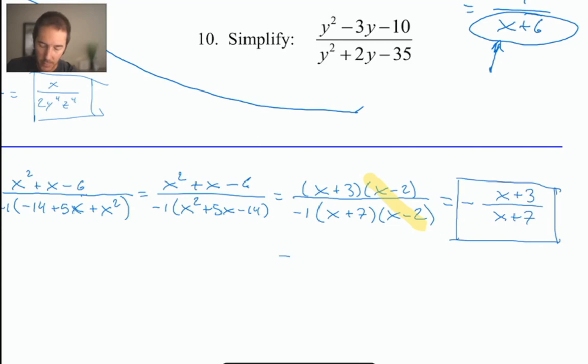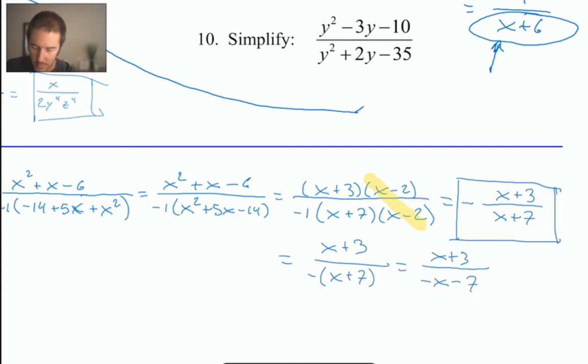I suppose it could appear as x plus 3 over negative x plus 7, or you could distribute the negative sign in the denominator and write it as x plus 3 over negative x minus 7, but my guess is that you're going to see it written either this way or maybe this way. But I'd say probably the first one that I drew a box around.